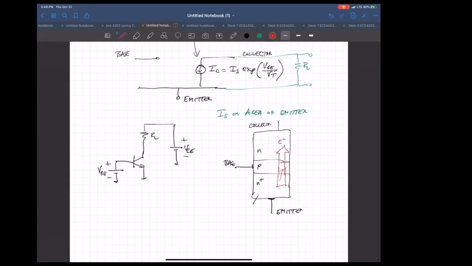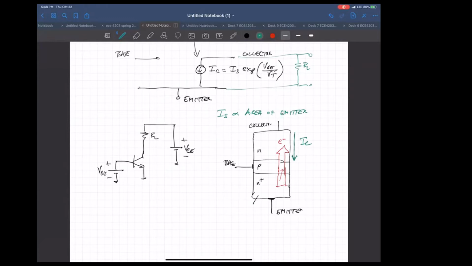Now, we define a positive current as being in the reverse direction of the movement of the electrons, because electrons are negatively charged. So the collector current from these electrons would be going in this direction.